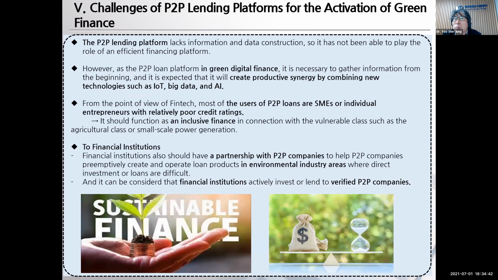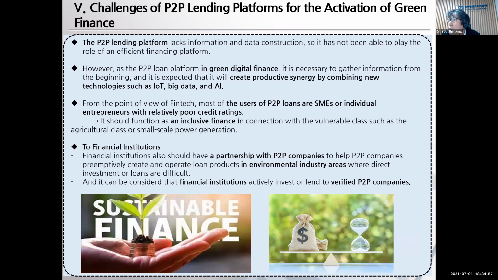Even though there are a lot of merits in P2P lending, up to now, P2P lending platforms have had some problems. The first one is the lack of information and data construction.